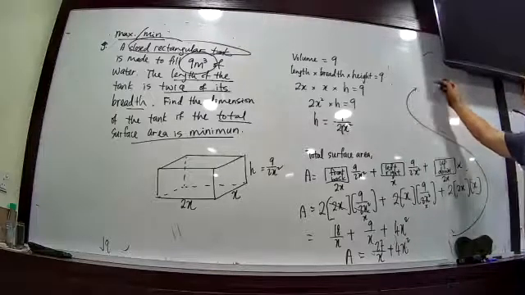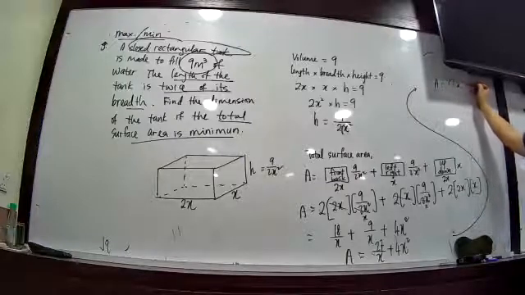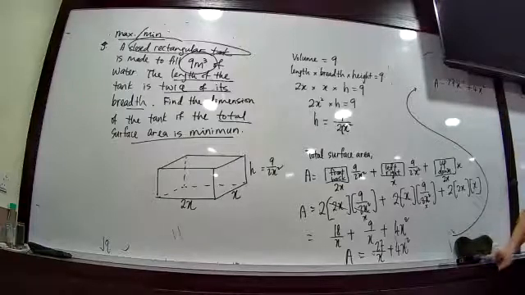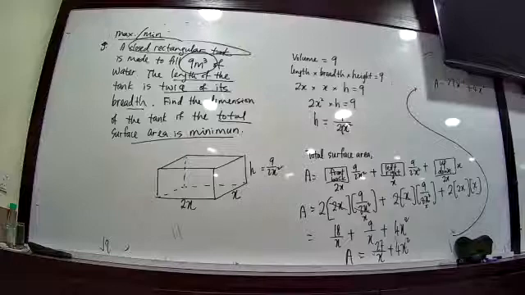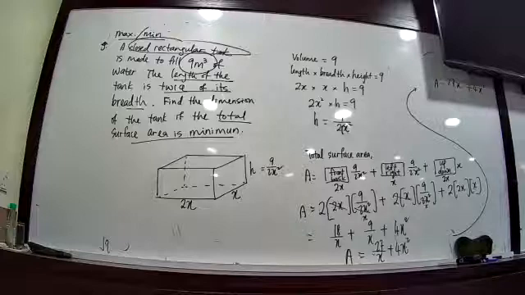Okay, so after you have this, now we simplify. So A equals 27 over x plus 4x squared. After you do this, because you need to find the value of x, how do you find it? After you form the formula, how do you want to find x? Do you have any idea?